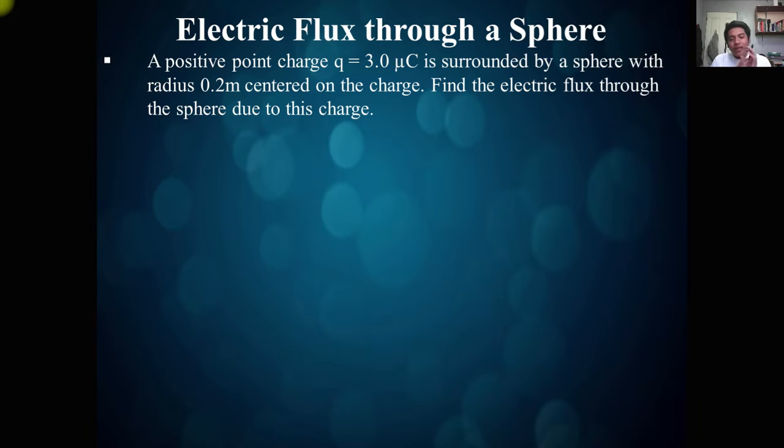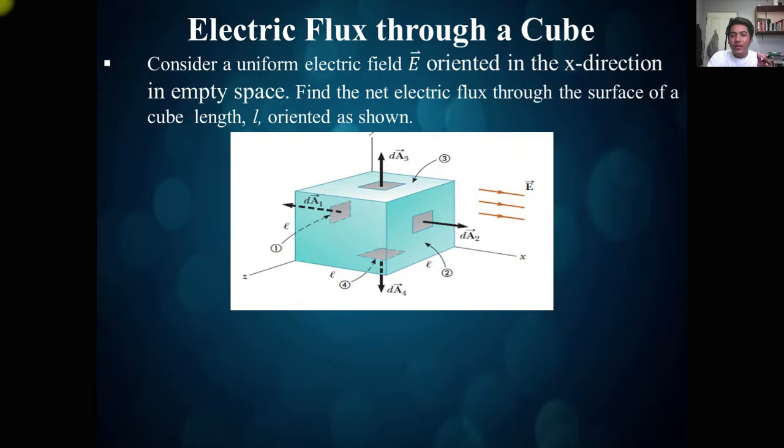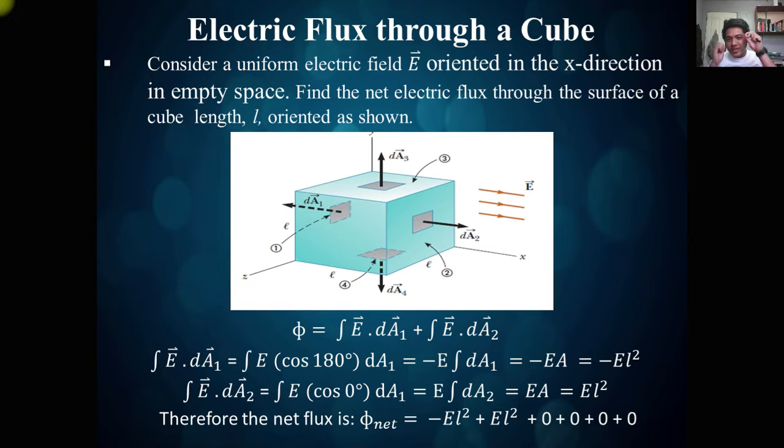So from what I've said a while ago, if we have a surface and inside that surface we have a charge, then definitely the electric flux is not zero because of Gauss's law. But in the cube a while ago, we don't have any charges inside the cube, so we conclude that there is zero flux in that cube.